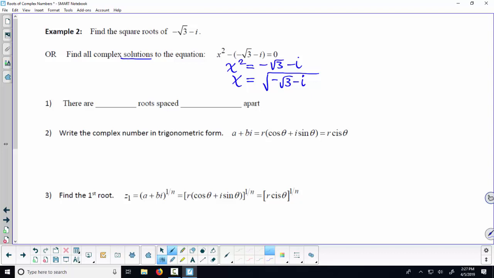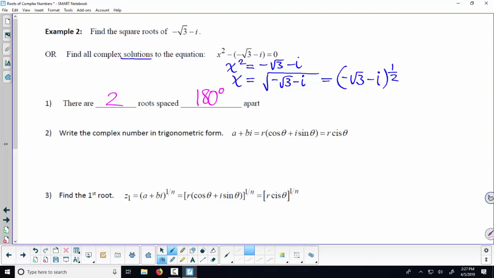Which means I am trying to find negative square root of 3 minus i to the 1/2 power, since square roots should be the 1/2 power. So we know there are going to be 2 roots spaced 180 degrees apart about my circle.